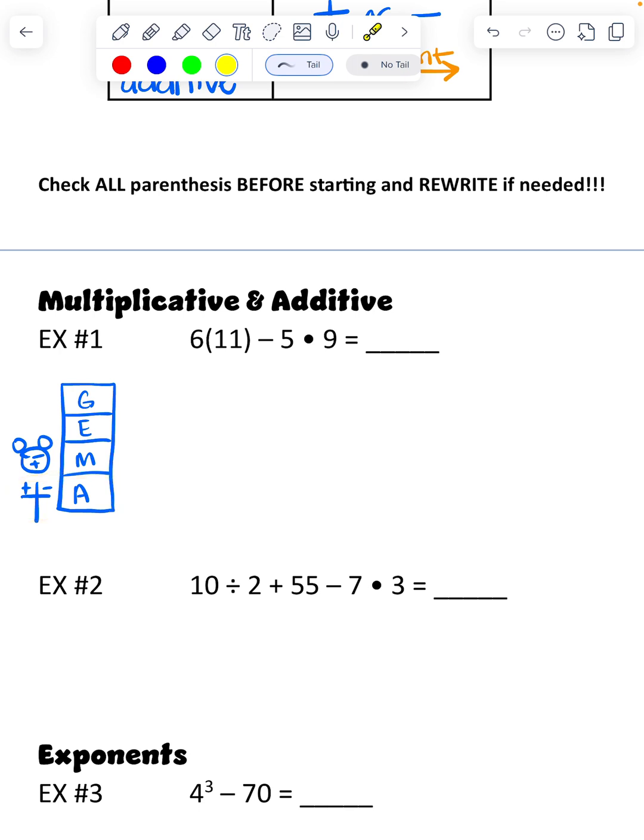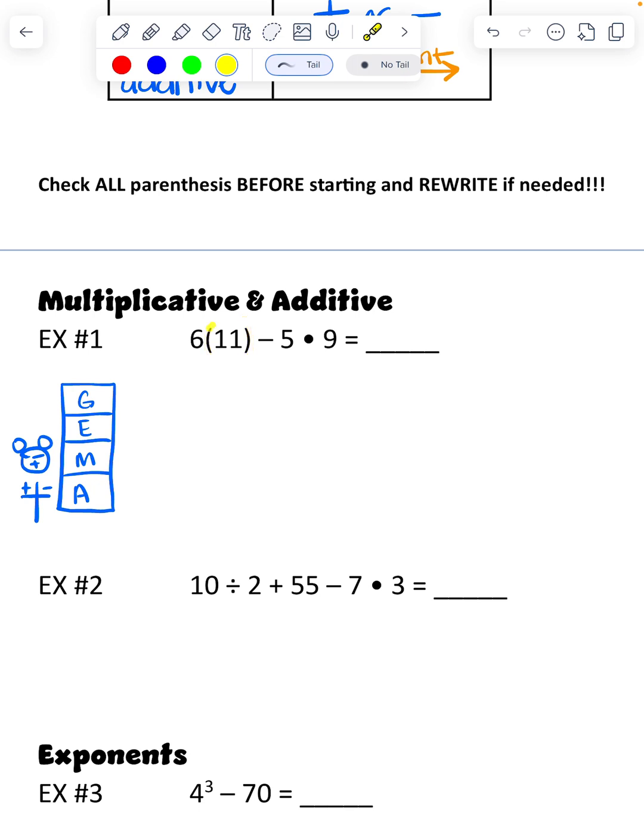All right, so I am going to start. I'm moving through the problem, trying to decide which pieces of my GEMA tower I have in my problem. Before I start solving, I need to look at my parentheses. My job is to decide: is this a parentheses that would be a grouping, or would it be something else?